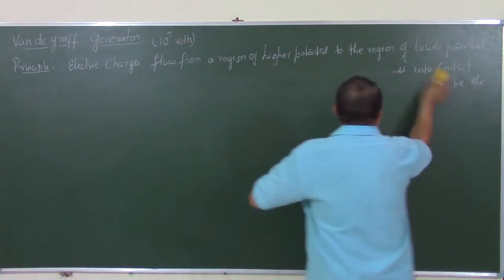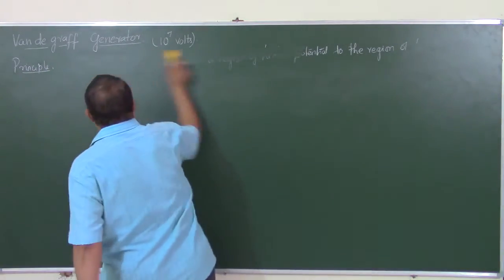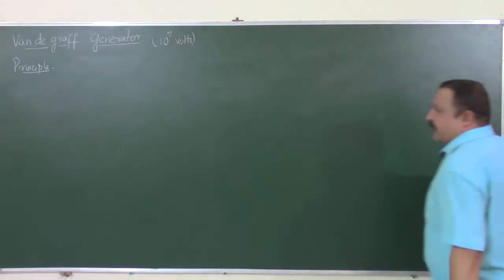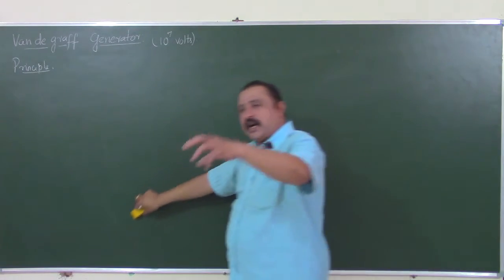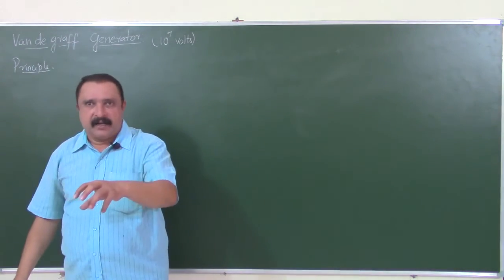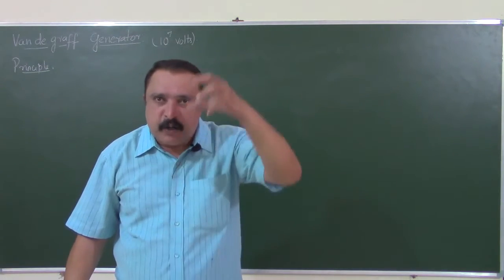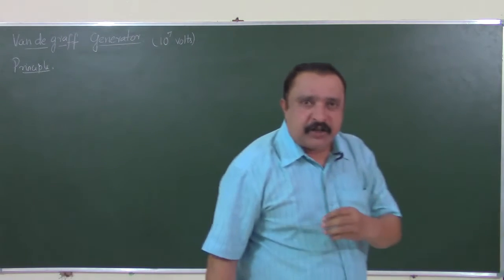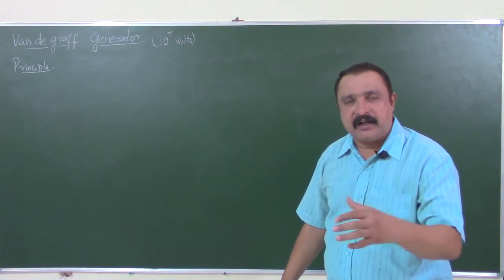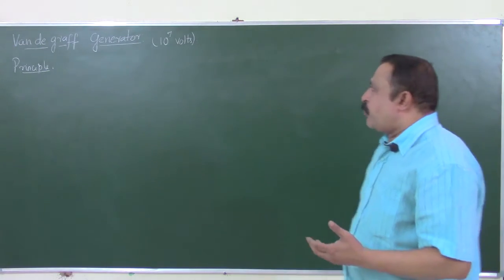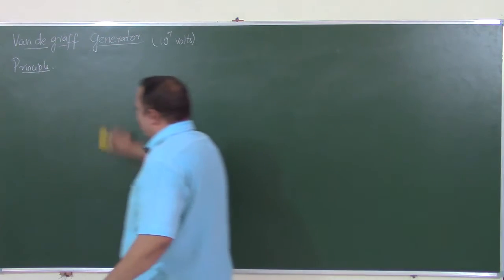What is the proof that we are doing now? The charges flow from a region of higher concentration or higher potential to the region of lower potential. Or what is the same as saying that if a charged conducting sphere, or simply a conductor, is introduced into a shell, then all the charges will flow from the sphere into the shell when brought in contact, whatever be the charge of the shell.